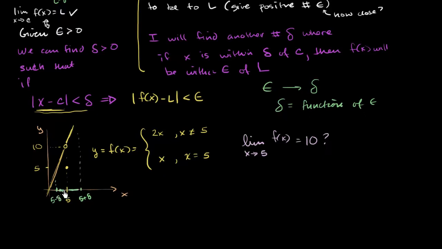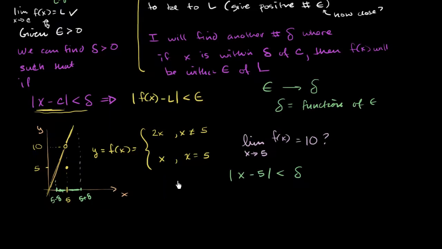Because we really care about the things that are within delta of 5 but not necessarily equal to 5. This is just a strictly less than. They're within a range of c but not equal to c. Well, that's going to be all of the x's that satisfy the absolute value of x minus 5 is less than delta. That describes all of these x's right over here.